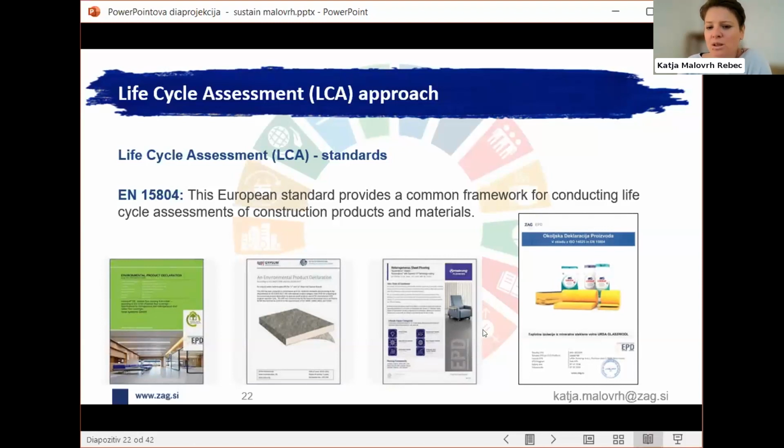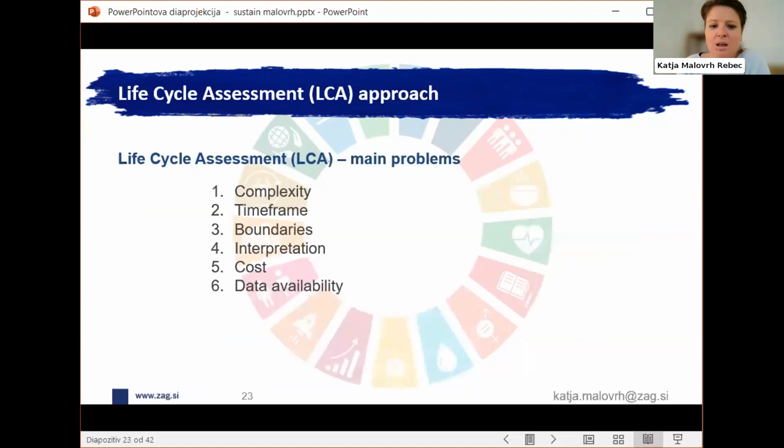Also, the program operators that can issue this EPD are regularly checked among each other, and are part of a global network that is collaborating and trying to establish mutual rules, which is helping with the integrity and also the reliability of data immensely.